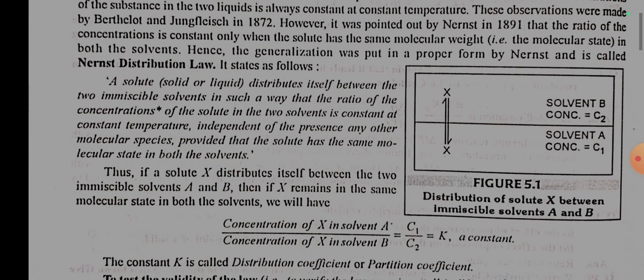It states as follows: a solid or liquid distributes itself between two immiscible solvents in such a way that the ratio of the concentration of the solute in the two solvents is constant at constant temperature, independent of the presence of any other molecular species, provided that the solute has the same molecular state in both the solvents.